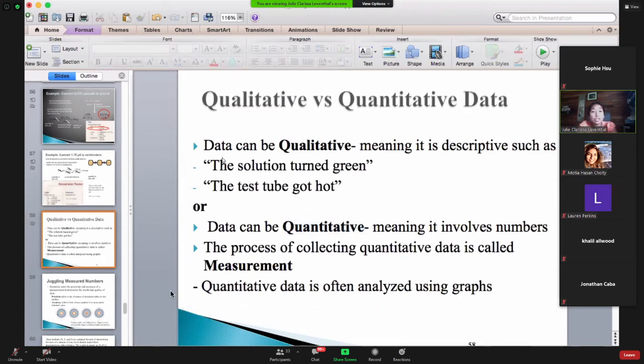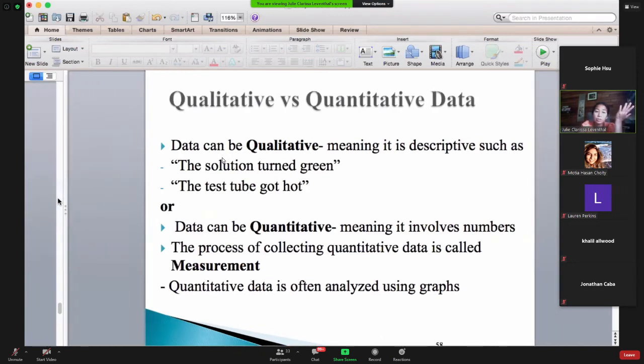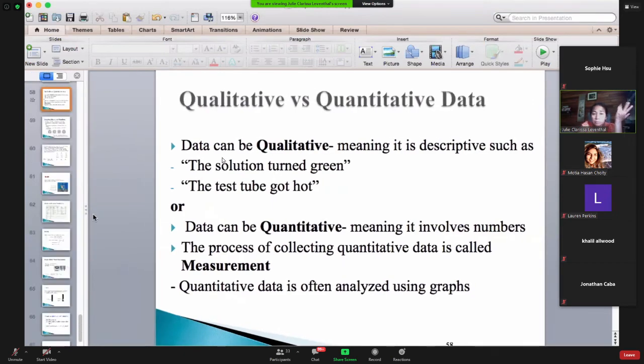The precision and the accuracy of the measured value. What does that mean? Precision and accuracy. Are those two terms? Do they have the same meaning? Accurate and precision. Do they have the same meaning?